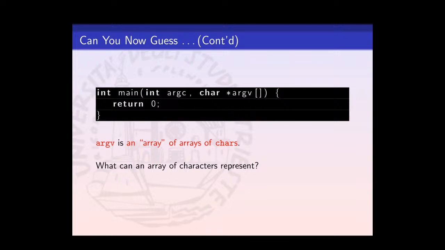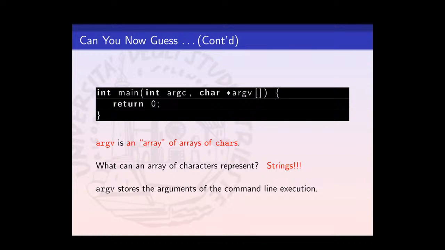Well, they are meant to store the arguments of the command line. If you remember, the first parameter represents the number of parameters plus 1. The second parameter in the main function is meant to store all the words in the command line, including the name of the executable.